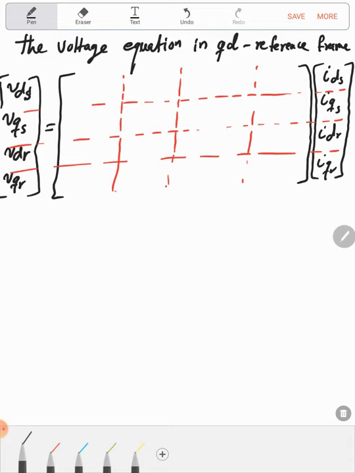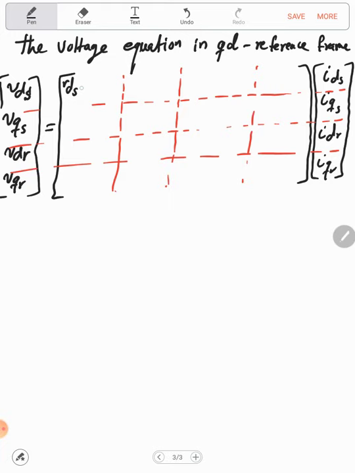Now the first term here will be the RDS plus LDS d by dt. Here we have 0. Here we have the MD d by dt, and here we have 0.